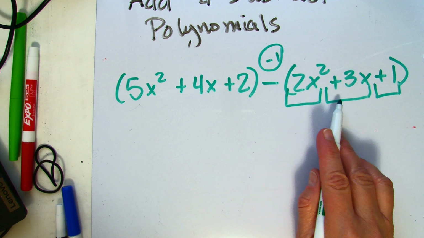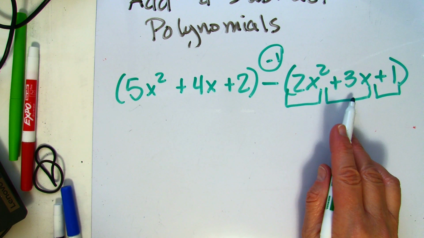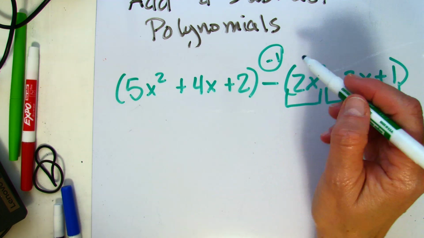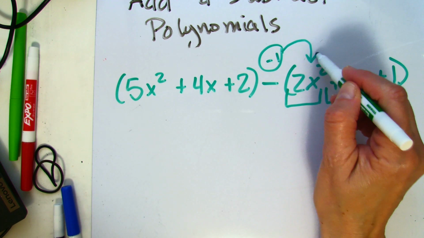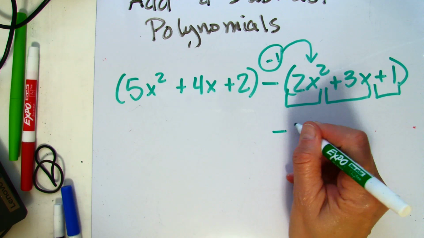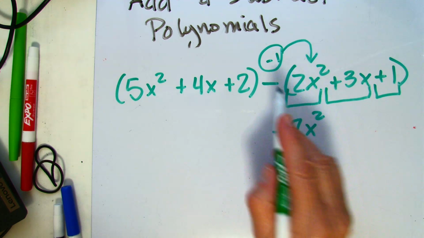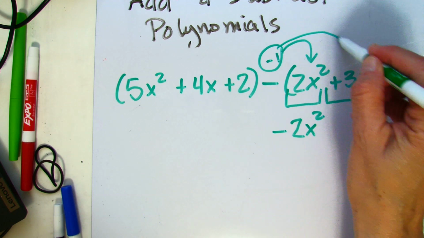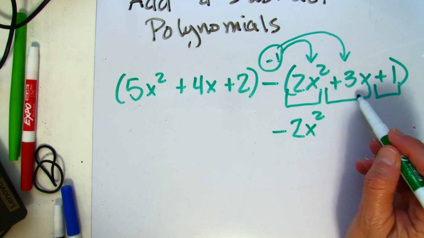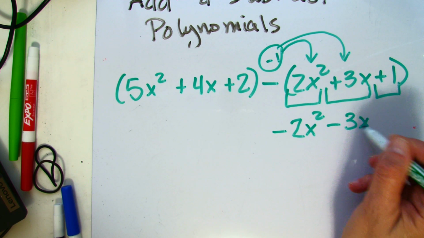Notice that I'm including the signs in front of each term. So a negative 1 times a positive 2x squared is going to give me a negative 2x squared. A negative 1 times a positive 3x is going to give me a negative 3x.